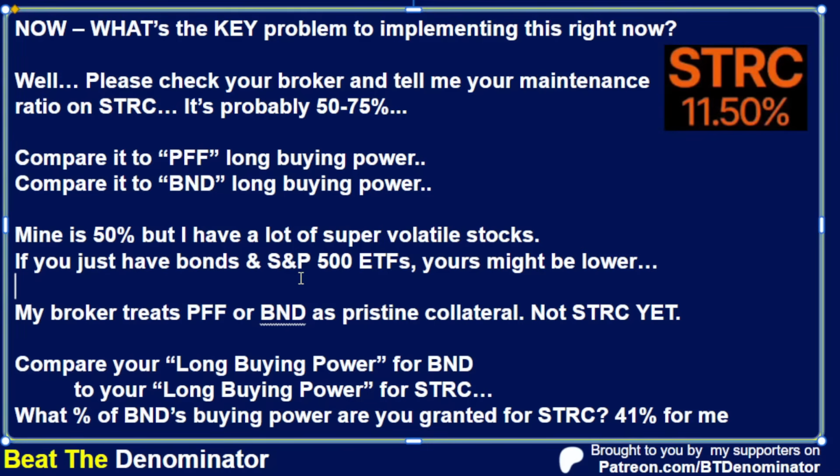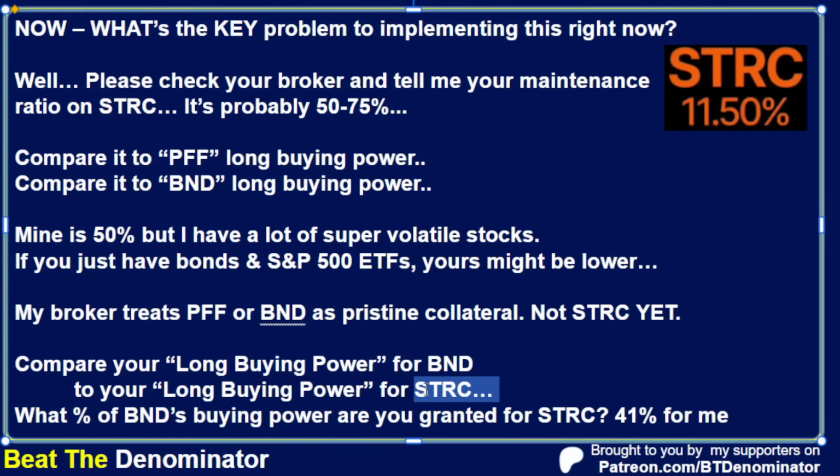And here's another thing. You may know your broker with Reg T makes its own specific calculation based on its requirements. So this is another homework for the viewers. Compare your long buying power as a sum in cash, your long buying power for a pristine collateral asset like BND, and then compare your long buying power for adding STRC to the portfolio.